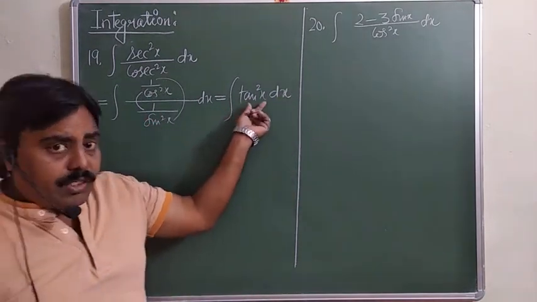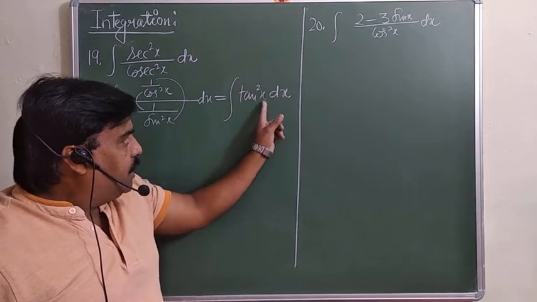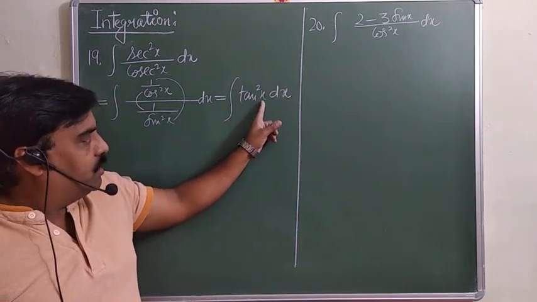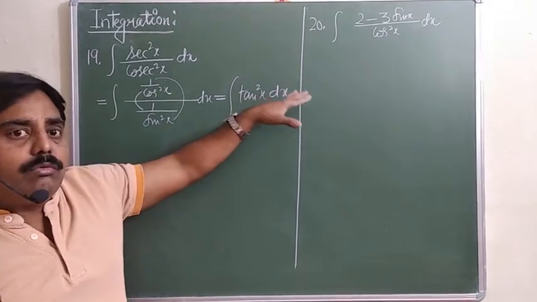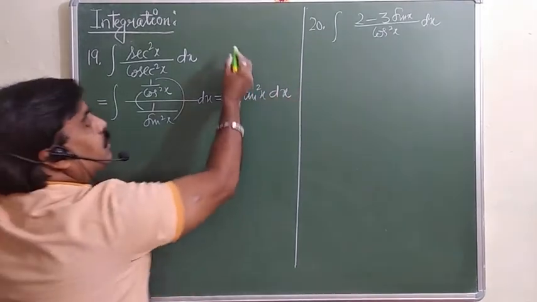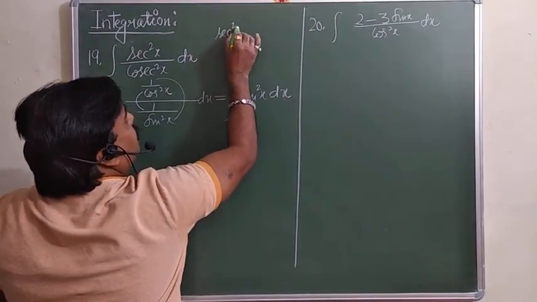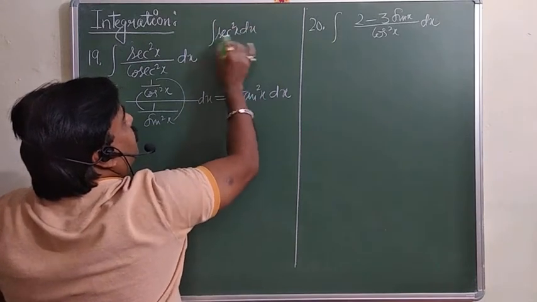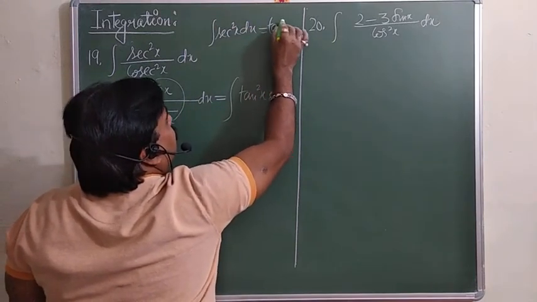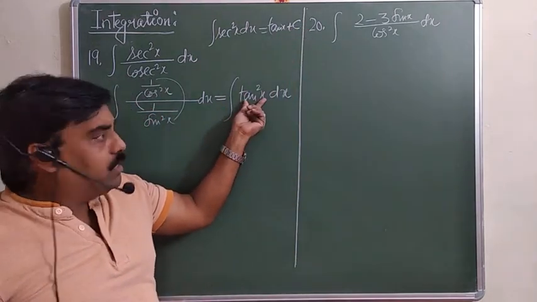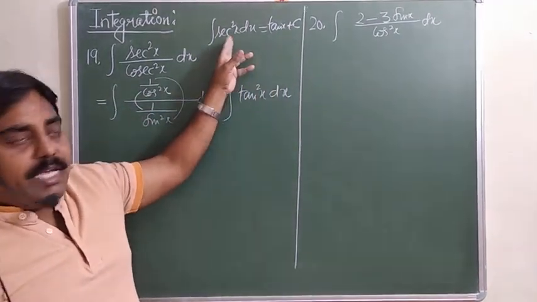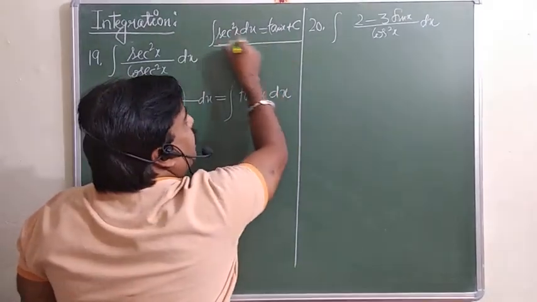But the question is again, we don't know the antiderivative of tan square x, so you have to change it into something whose antiderivative you know. We know the antiderivative of sec square x is tan x plus c. So we are supposed to change this tan square x in terms of sec, because we know the antiderivative of that one.